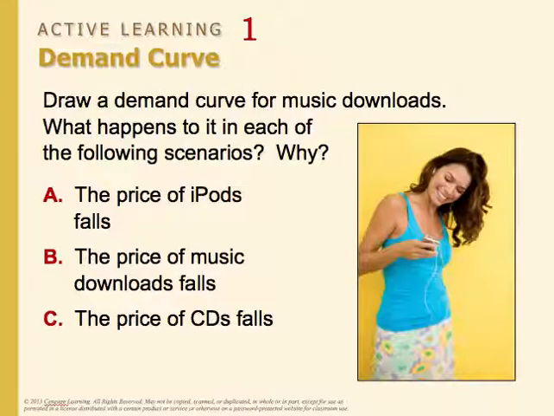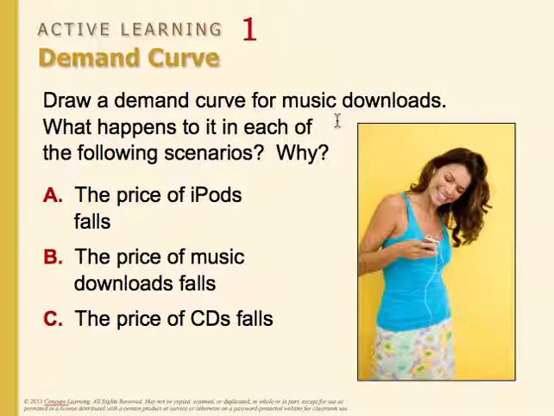Okay, the third question. What happens when the price of CDs falls? Now you should be able to identify the relationship between CDs and music downloads. They are substitutes, right? So when the price of CDs falls, CDs become cheaper.